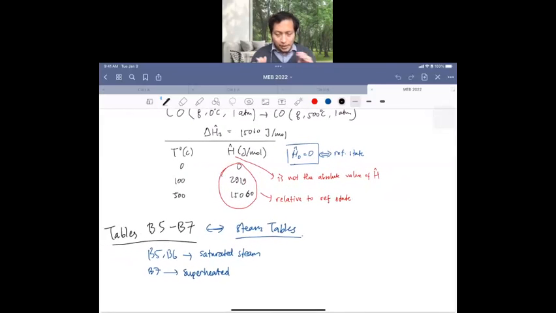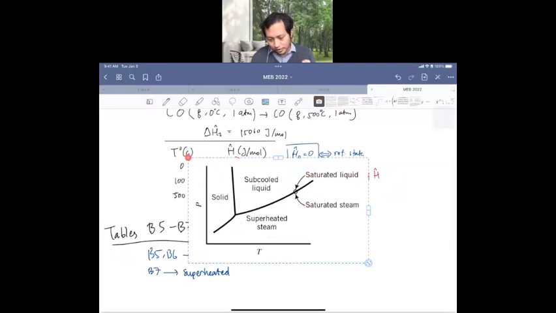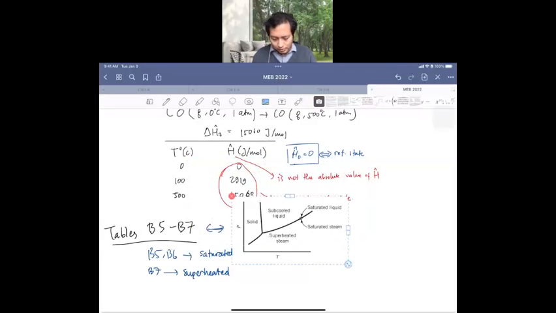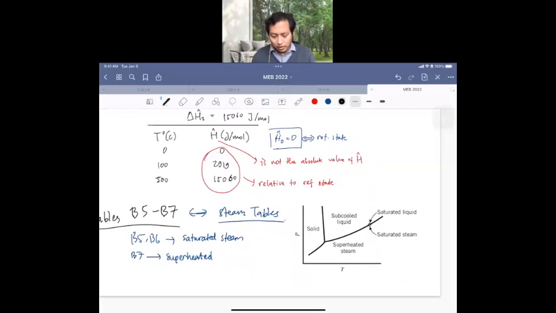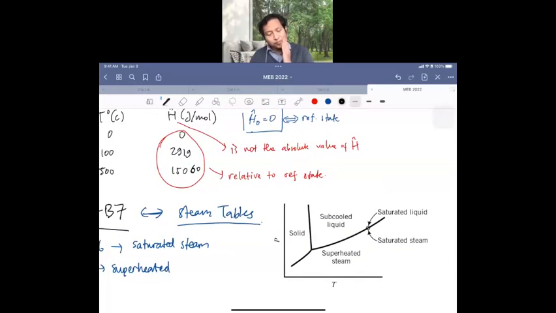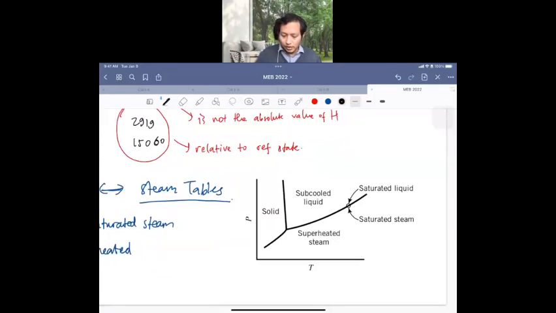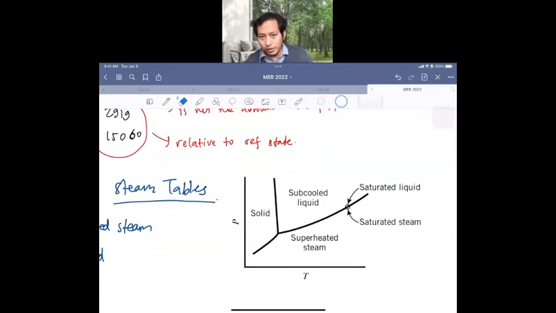Okay, so perhaps before we move on, let me just give you some context on what it means on the tables. Basically, we have the vapor liquid equilibrium.